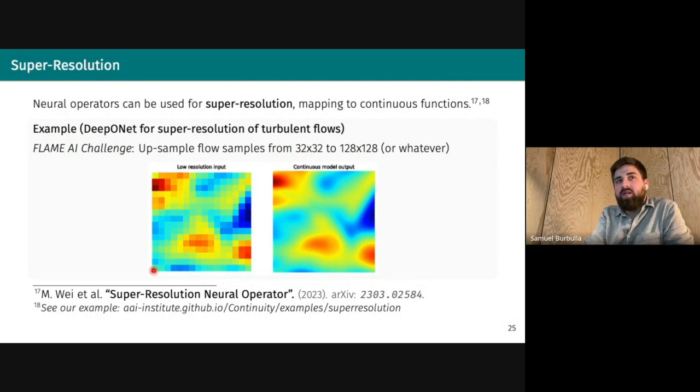And this is where we trained a DeepONet, taking these 256 input values and mapping this to a continuous function output. And then you can sample it however you like at the target resolution or even finer. There's also a recent paper, a super resolution neural operator, and in this Flame AI challenge, the first position, so the most successful solution, was actually using this super resolution neural operator. So for image processing, this might be interesting as well.